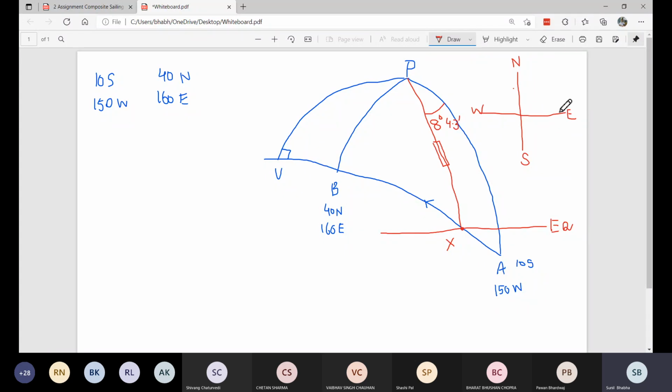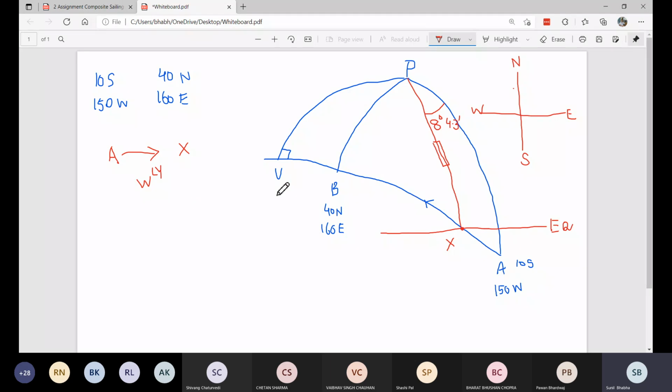You go towards the left, it will be westerly direction. Now when you are going from A to X, which direction you are going, beta? Easterly or westerly? Westerly, sir.